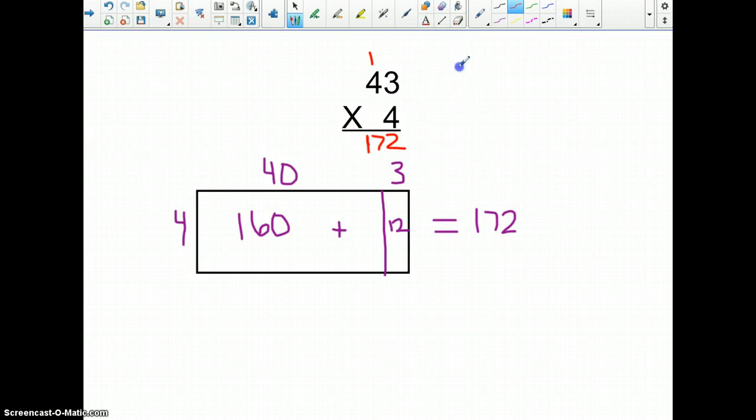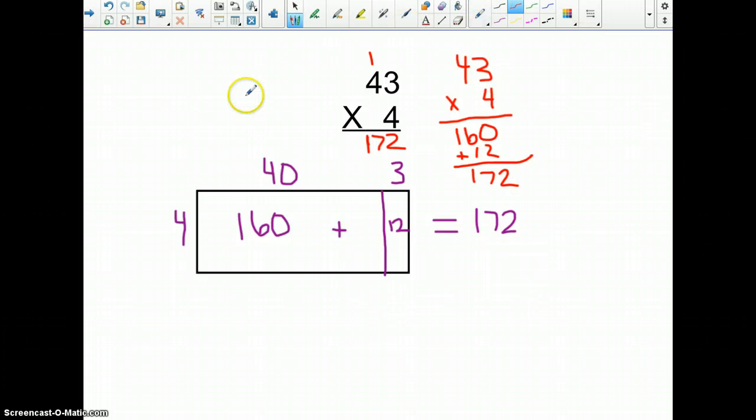Another way we could do this, let me rewrite this over here, is remember I did 4 tens times 4. If I count by 4s, I get 16, but it's tens. 3 ones times 4 is 12, and when I add those up, 172. Boys and girls, I do not care which way you choose to do this.